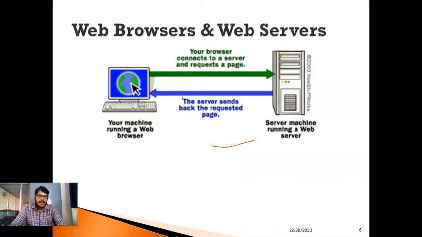The server has to send back the requested page. So here the request comes from the client machine, which is accepted by the server. A server machine is, again, also one system with server capabilities.